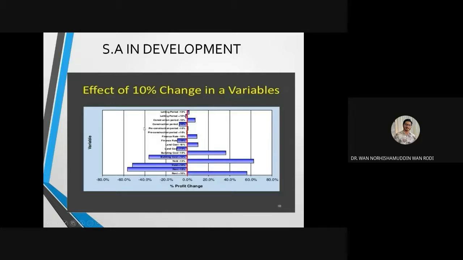Sensitivity analysis will look into the profit changes if variables such as finance rate, land costs, and building costs are increasing by 10%. So the highest or the longest bar is the most significant variable in influencing the sensitivity of the profit.